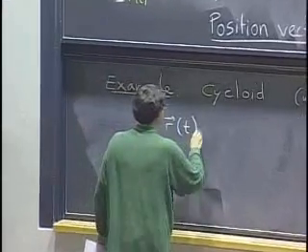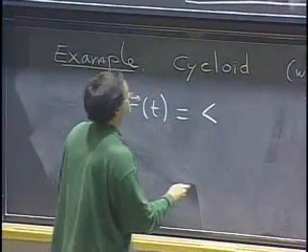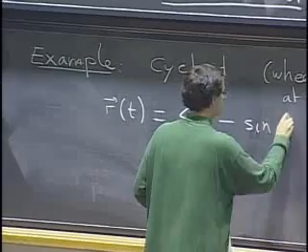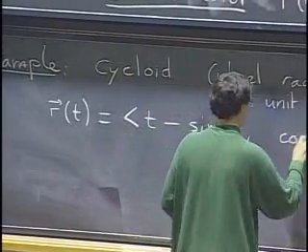Okay, so then the position vector, in this case, we found to be, just to make sure that I have it right, t minus sine t and cosine t.